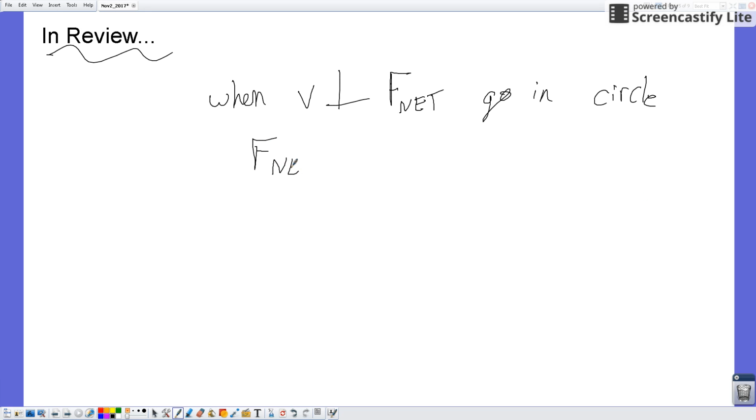All right, in review, what we know is this. When velocity is perpendicular to your net force, you go in a circle. That means your net force is going to be equal to the centripetal force, which is mv squared over r.